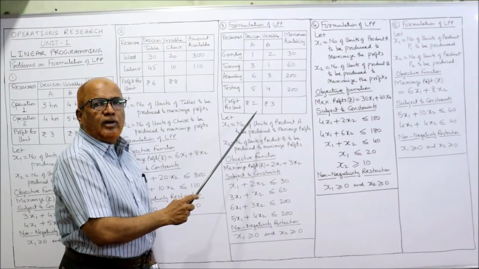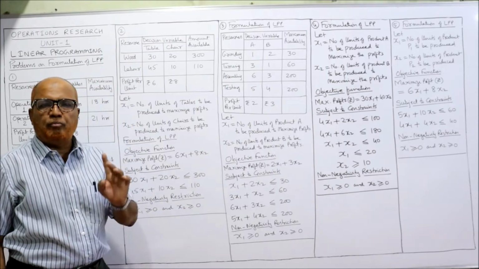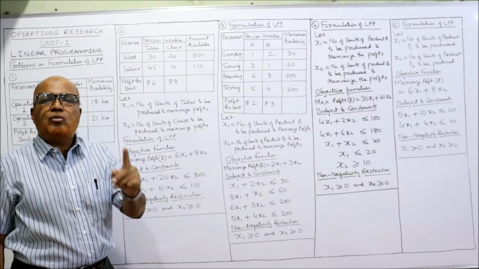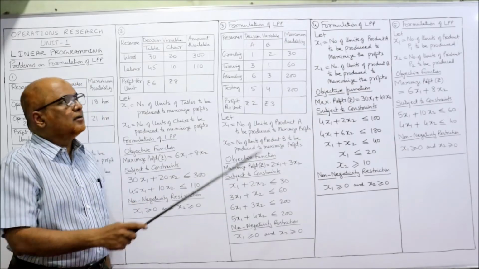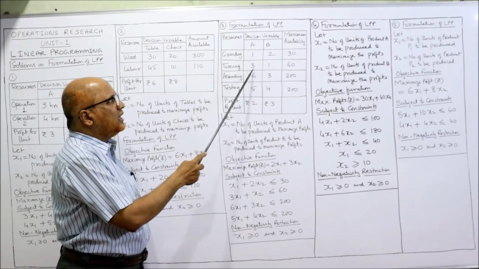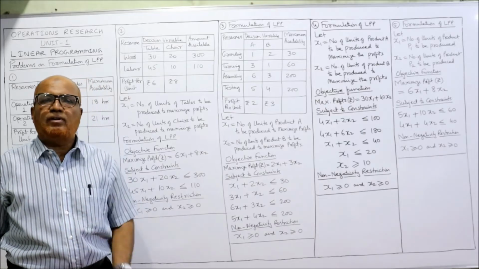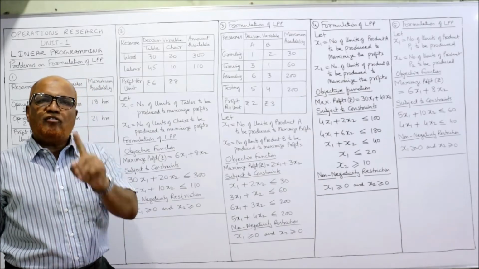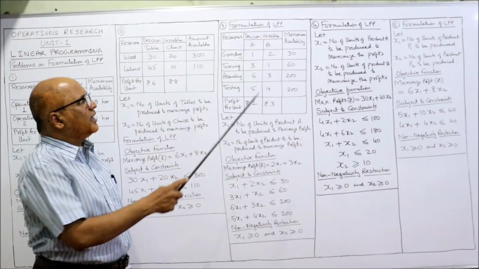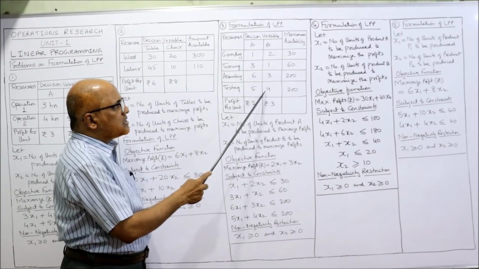And the profit per unit of A product is 2 rupees and 3 rupees is the profit per unit of B. For 1 unit of A: 1 hour on grinding, 3 hours on turning, 6 hours on assembly, 5 hours on testing. Similarly, to make 1 unit of B product: 2 hours in grinding, turning 1 hour, assembly 3 hours, testing 4 hours.